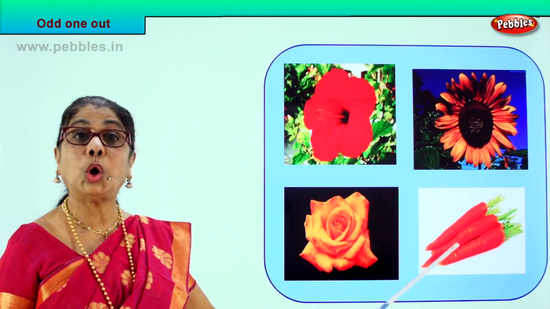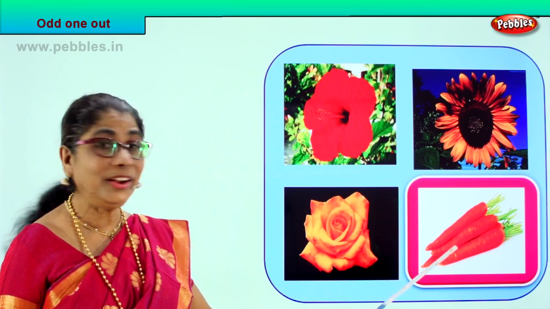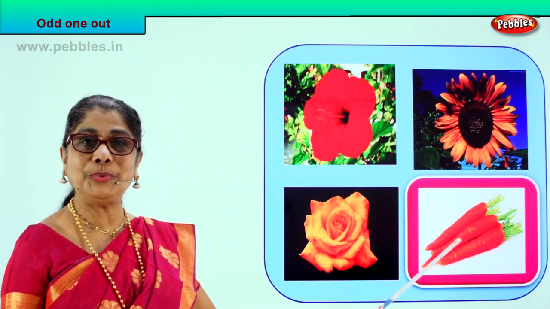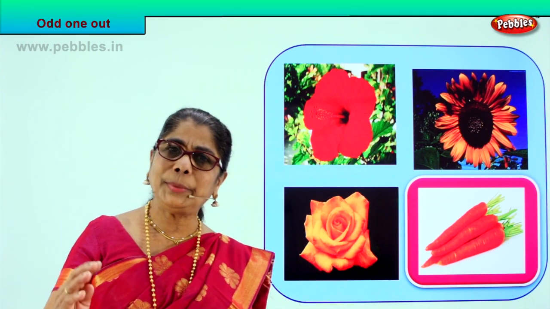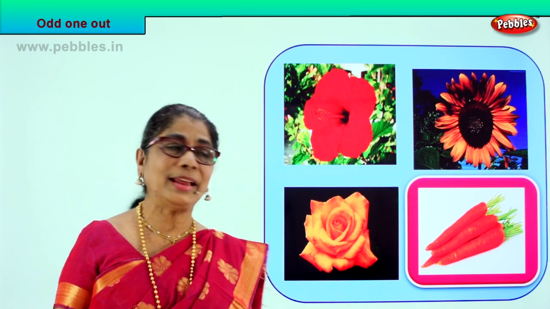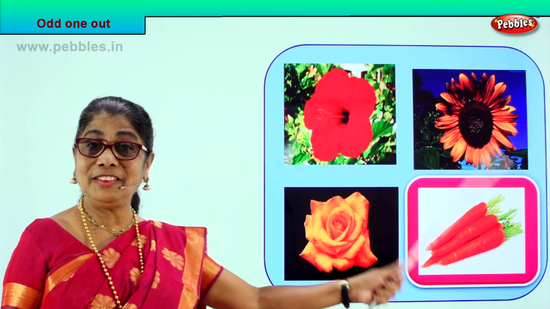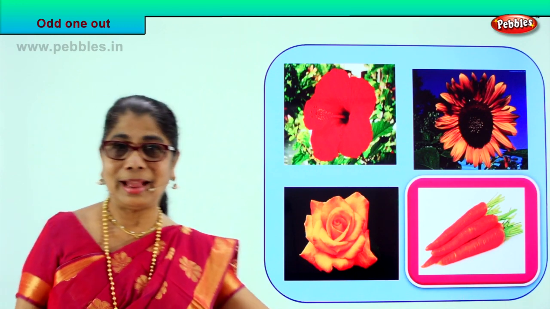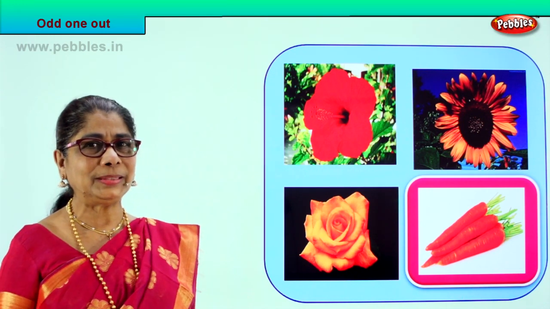This is the odd one out in this picture. Very good. This is how you find. So in every exercise, you will get 4 pictures. You find out which one is different from the other. 3 flowers, 1 vegetable out. Very good. Shall we take our next picture?